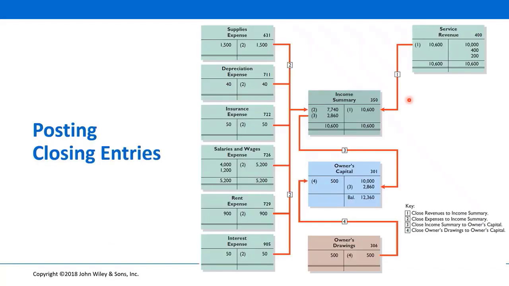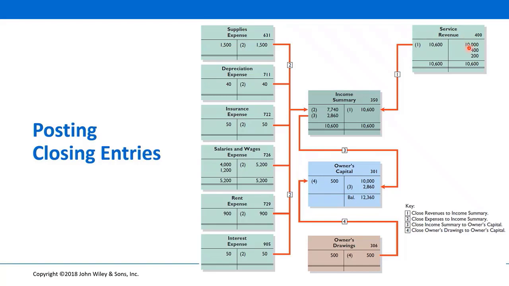Now, for demonstration purposes, just see what is happening by the closing entry. Now we can see what effect our closing entry will have if we post the closing entries to the respective ledger accounts. Let's start with the revenue account. Suppose this was the revenue of a particular year.